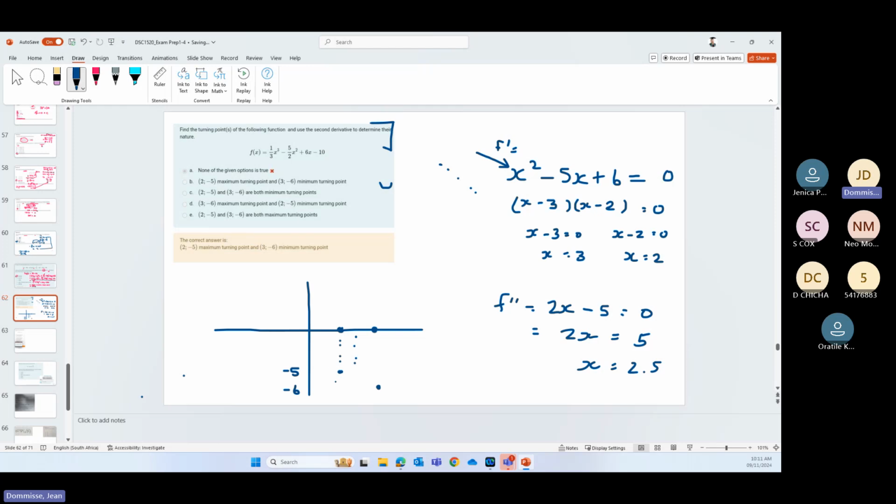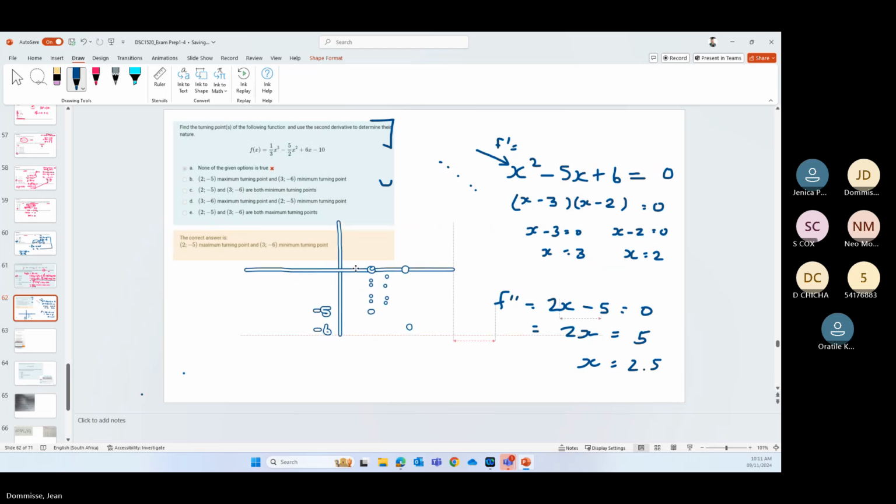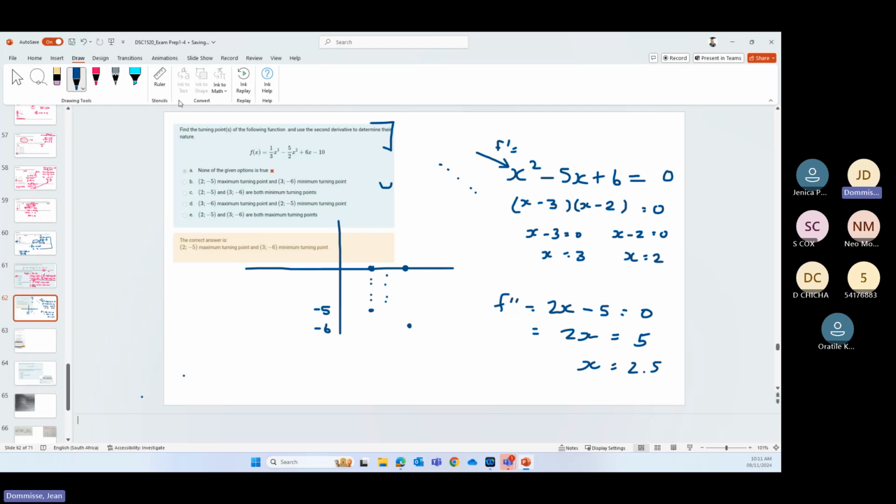Let's put in another point so that we can see the full picture. Remember there's also the y-intercept. If we now look at this, it can't go to that side.